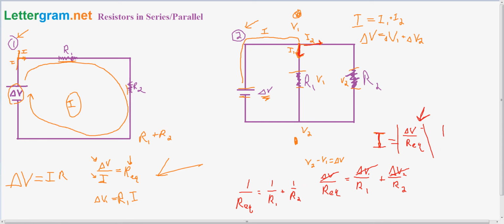We can take, for example, this current 1 is equal to the change of potential 1, which is just the change of potential in general, divided by R1. If you don't know why I use the change of potential normal, it's because all these change of potentials are going to be the same.